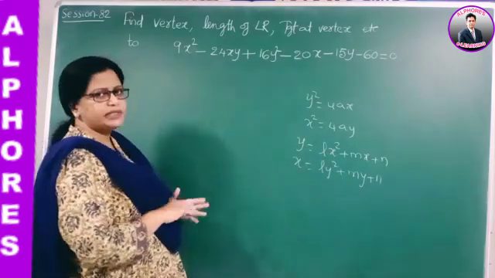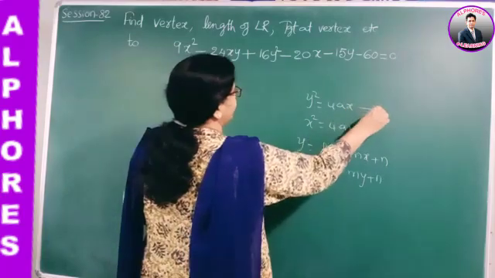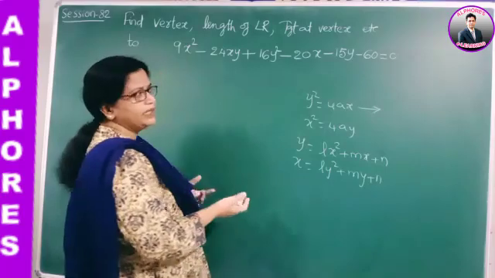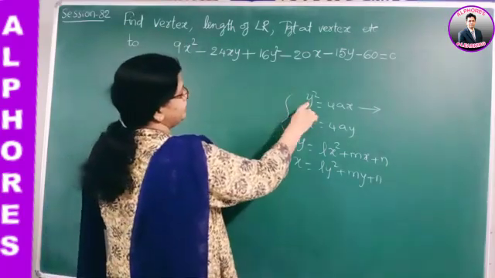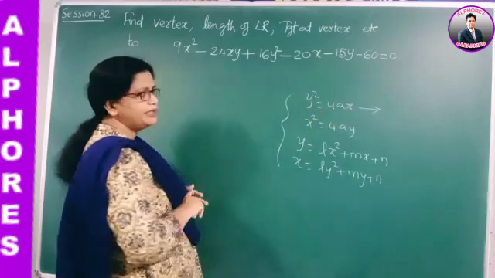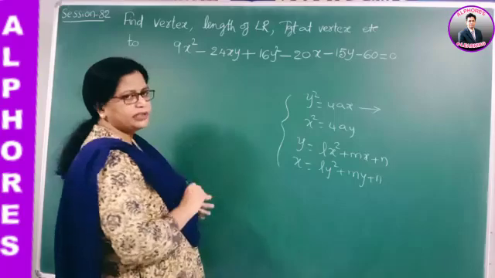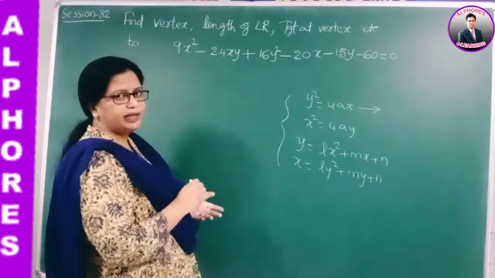So if equations are in that way, then you can observe clearly here the axis is parallel to x-axis or y-axis, or the axis is along x-axis or y-axis, as long as one variable is in second degree and the other variable is in first degree. Okay, so just by observing these equations you can say here the axis is along x-axis or y-axis, or parallel to them.